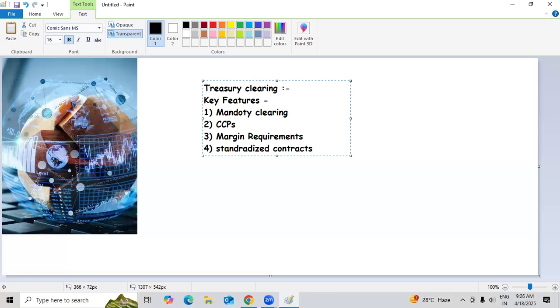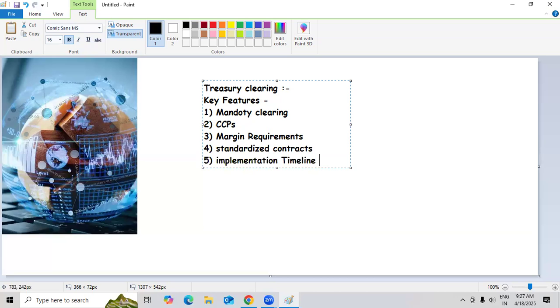The next one is the implementation timeline. So these are the different features that we can see when it comes to treasury clearing.